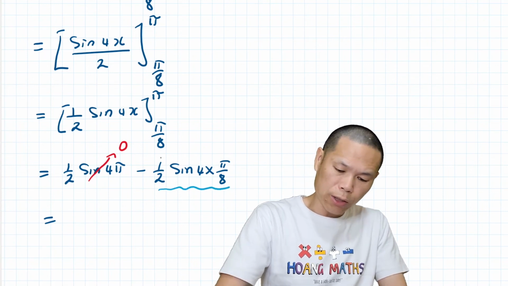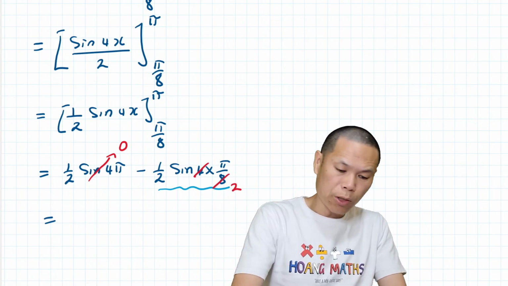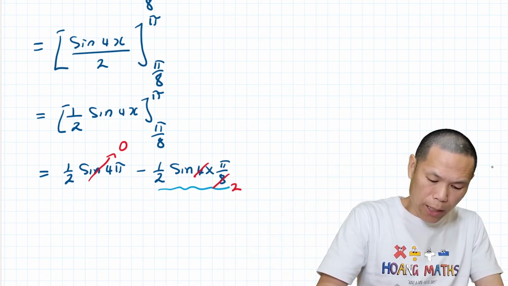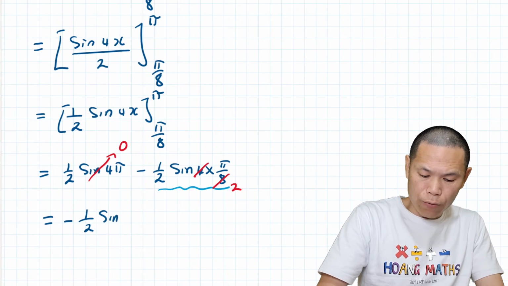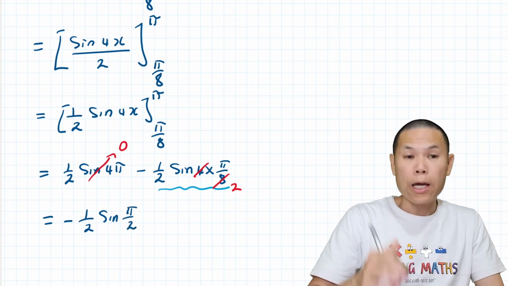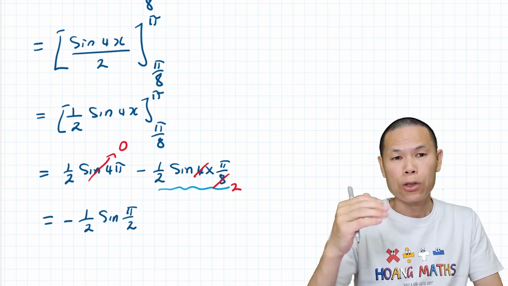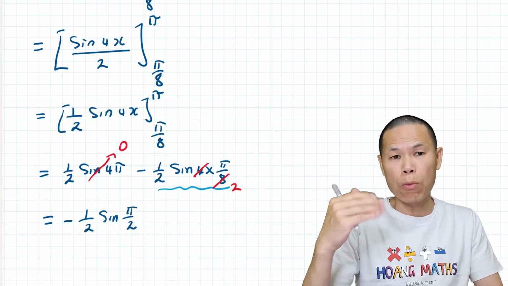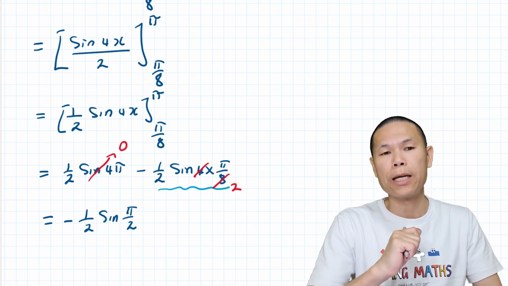I can also simplify this. 4 over 8 becomes a half, so let me rewrite this. That is equal to negative 1 over 2 sine of pi over 2. And we know that sine of pi over 2, that is 90 degrees, is equal to 1. So negative a half times 1 is negative a half.